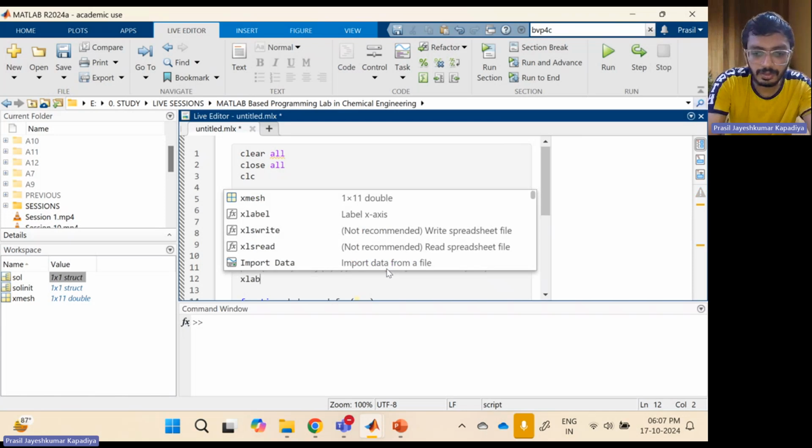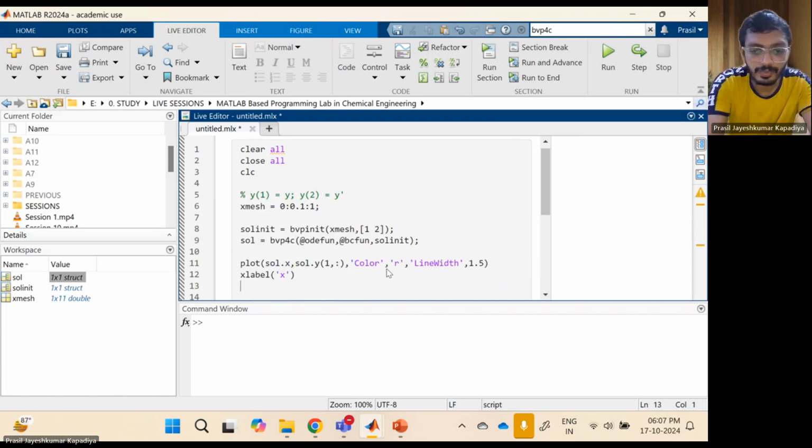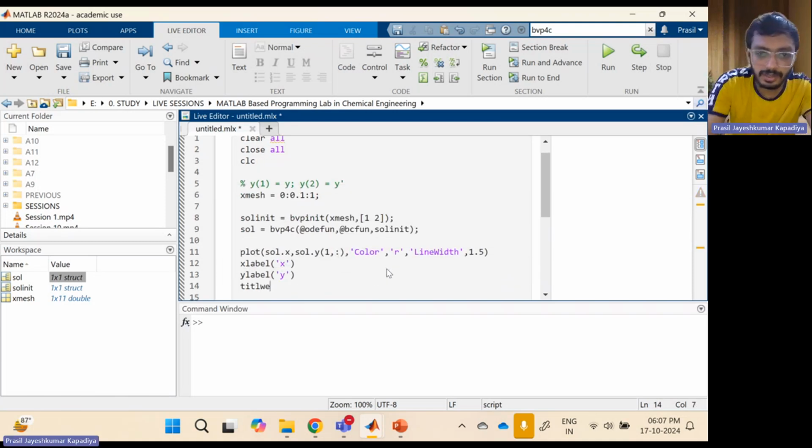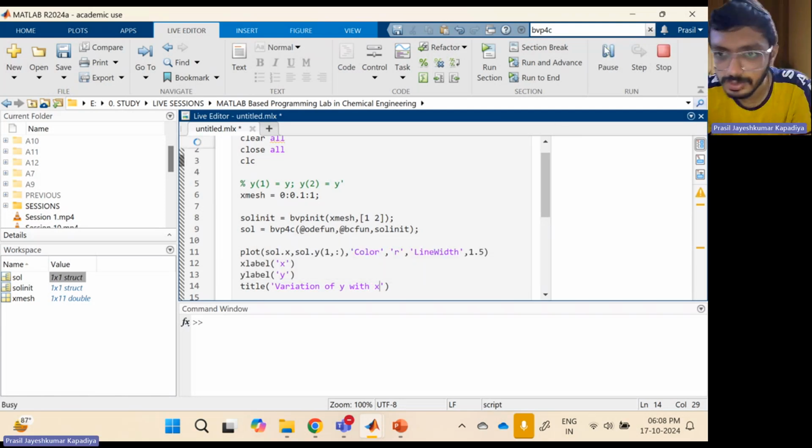X label is my X. Y label is my Y. And I can give a title to the chart, let's say variation of Y with X. Okay, so let's run it and see how our plot looks.